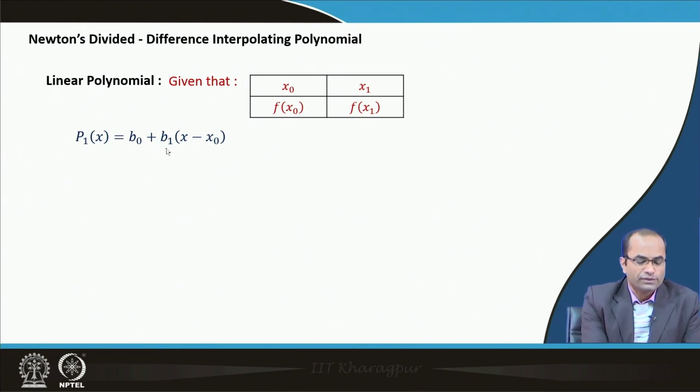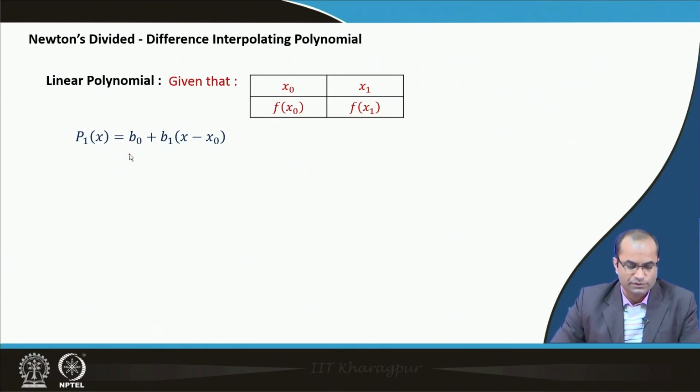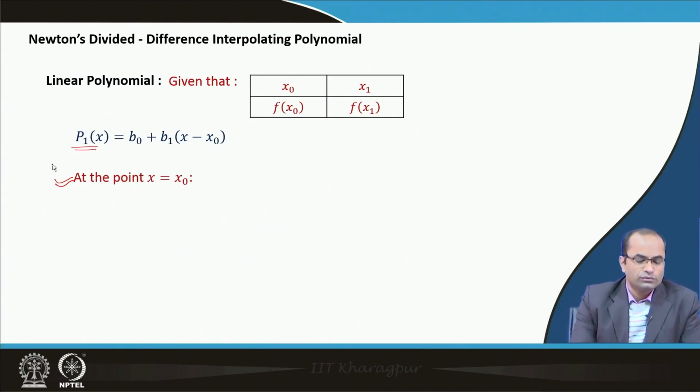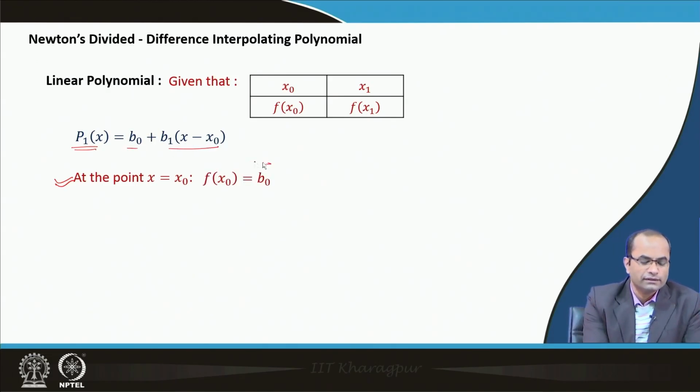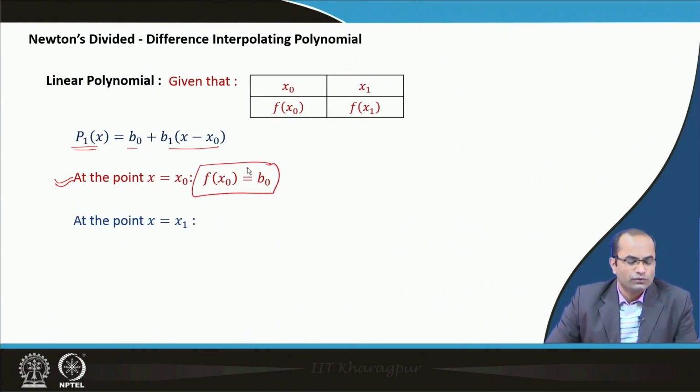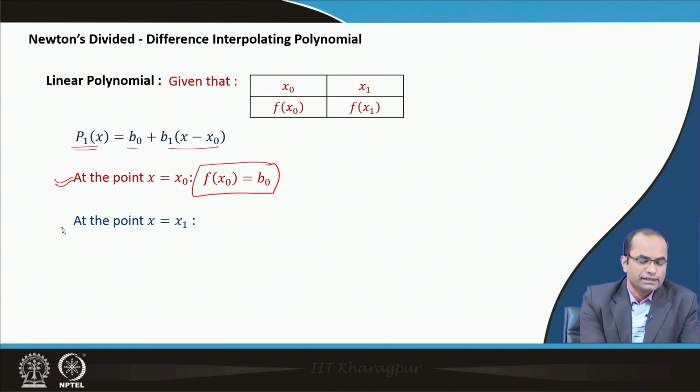For the sake of simplicity of the evaluation of these coefficients, we have taken this special format, and immediately when we substitute x is equal to x naught, this polynomial has to give the value f x naught, equal to b naught, and this term will be 0. So, the b naught we will get as f x naught, and then we can go for the other point, which is x 1.